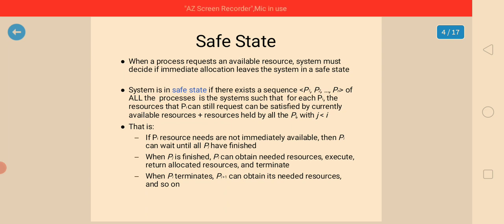Meaning the circular wait should not happen. For avoiding deadlock, there are two types of resources, meaning two kinds of instances. One is the single instance resource type. For a single instance resource, we use the resource allocation graph.